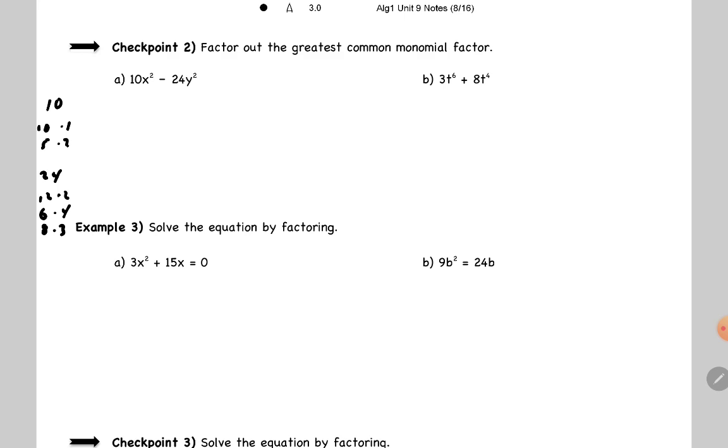So the biggest one here we can factor out is just 2. So 10 divided by 2 is 5, x squared, and then minus 24 divided by 2 is 12y squared. And there's nothing we can do about the x and y because either term doesn't share an x or a y. They're two separate entities.